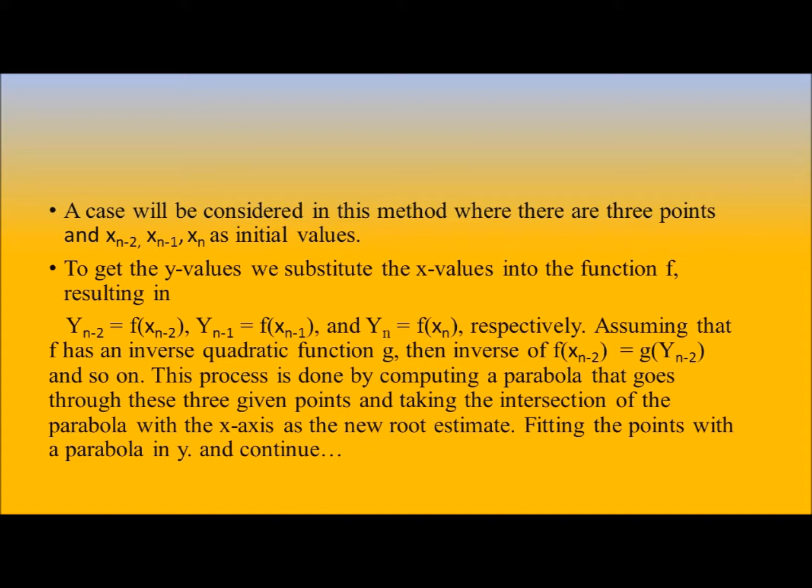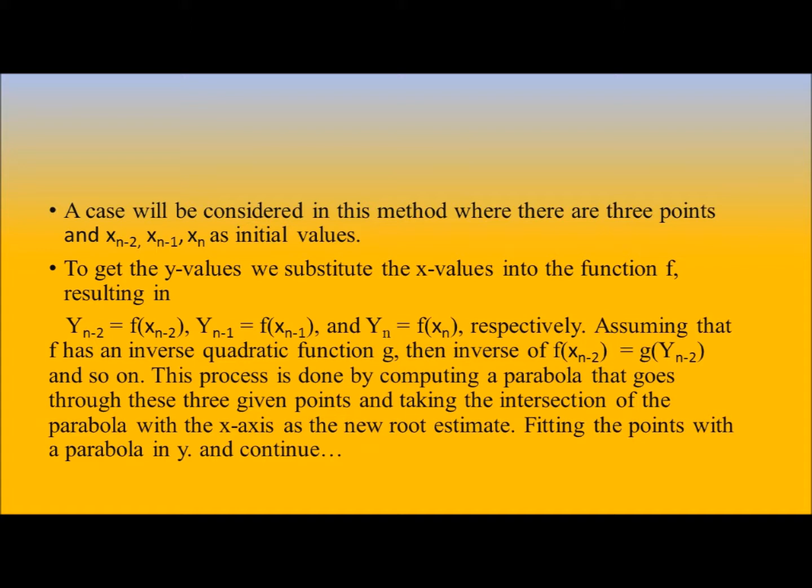And here, assuming that f has an inverse quadratic function g, then the inverse of f: x(n-2) is equal to g(y(n-2)). After that, x(n-1) is equal to g(y(n-1)), and so on, like xn is equal to g(yn).